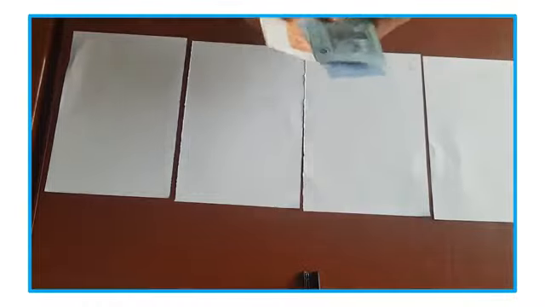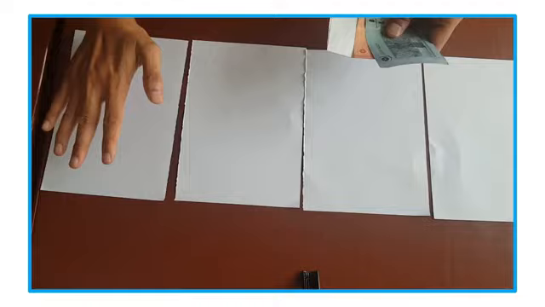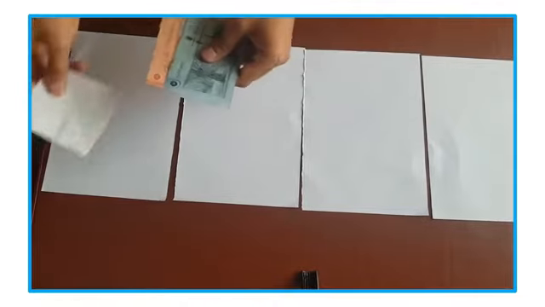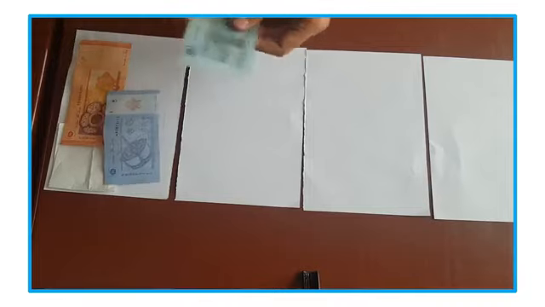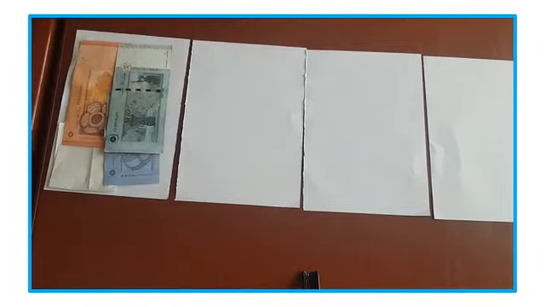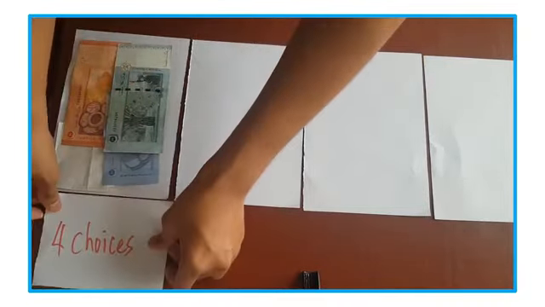We would like to see how many ways we can arrange these 4 different knots. For the first place we can put either white, red, blue, or green, either one, which means we have 4 choices.